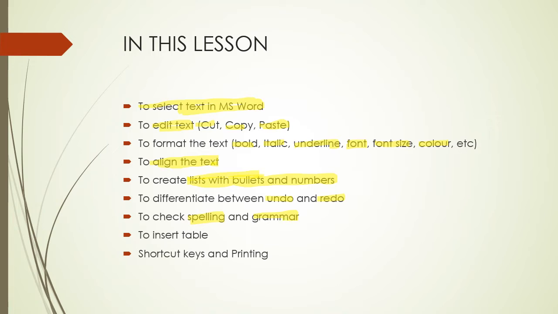That also we will learn in this chapter. Then, how to insert a table, the shortcut keys, and printing. All these things we are going to discuss in this lesson. But in this video we are going to discuss a few things. So let's start.